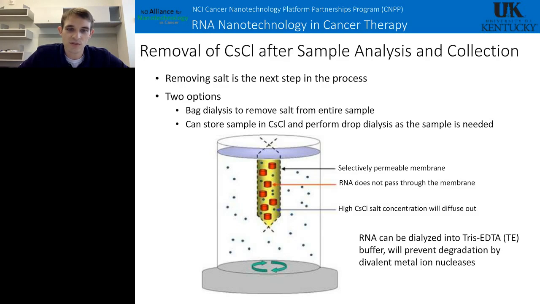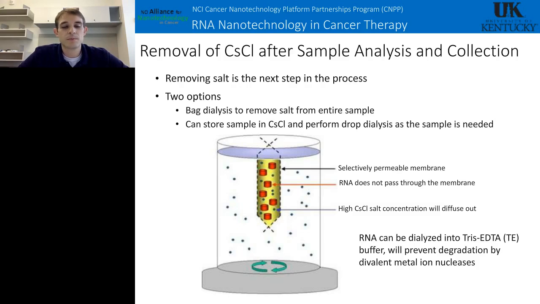If you want to remove the cesium chloride from all of your sample at once, you can do bag dialysis, and you can dialyze your RNA into a tris-EDTA buffer. Tris-EDTA is a good buffer to store your sample in because, like I mentioned earlier, it chelates any divalent metal ions that promote the cleavage of the RNA by nucleases.